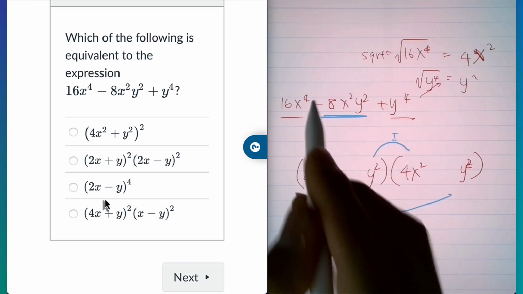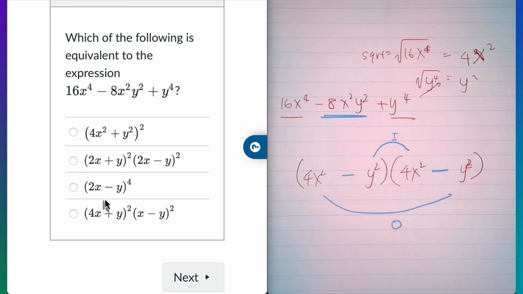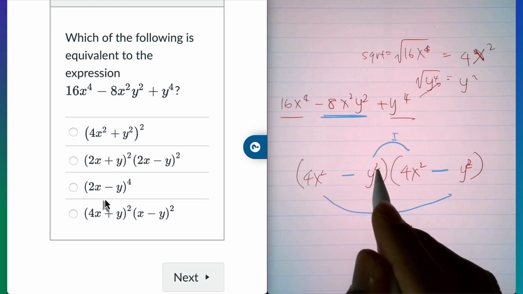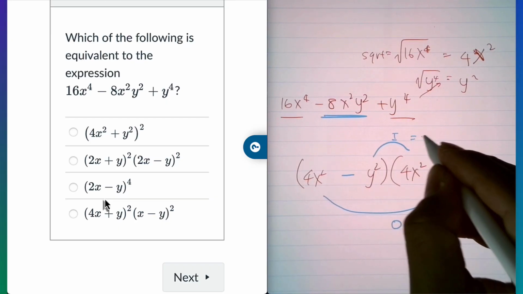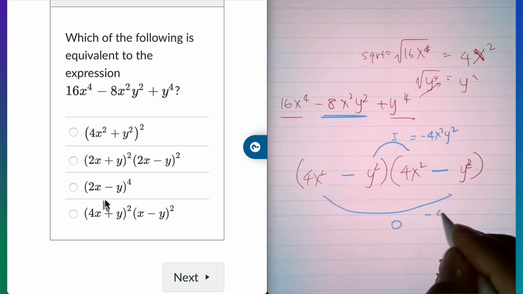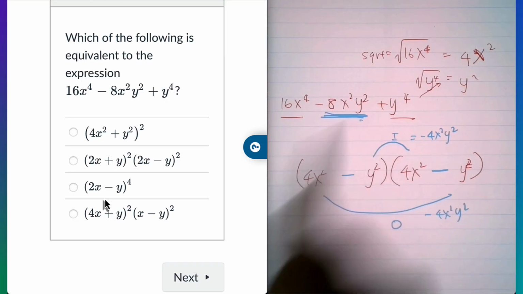But because we have minus here, you're going to need to distribute minus and minus for each y squared, because it becomes additive. When you have 4x squared times negative y squared, that's going to give you negative 4x squared y squared. Here, 4x squared and y squared, you also get negative 4x squared y squared. And because these terms are like terms, you can combine them and get this.